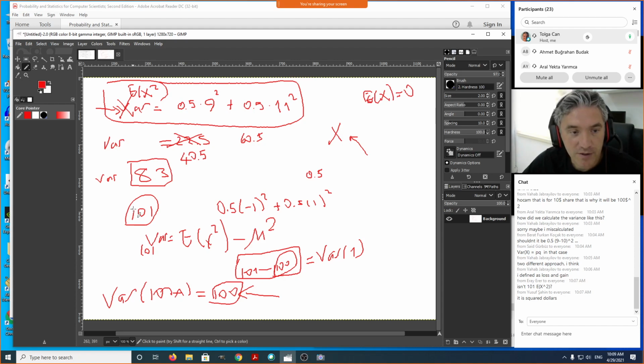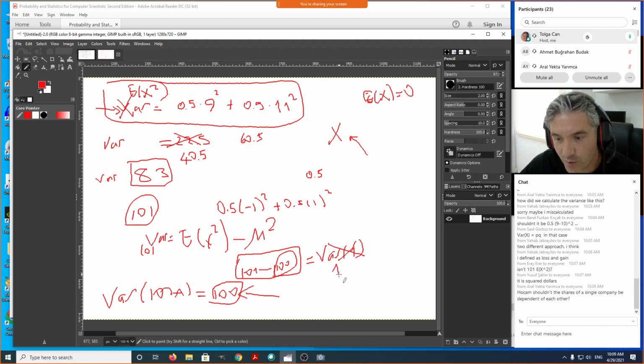Exactly, this 111 is the squared dollars, the expected value of the squared price of share A. We subtract from it the square of the expected value of share A, which gives us 100. 1 minus 100... it's 1.